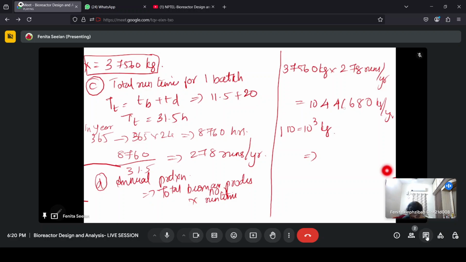So how can it be written? It can be written as 10.44 tons per year. So this is the annual biomass production.